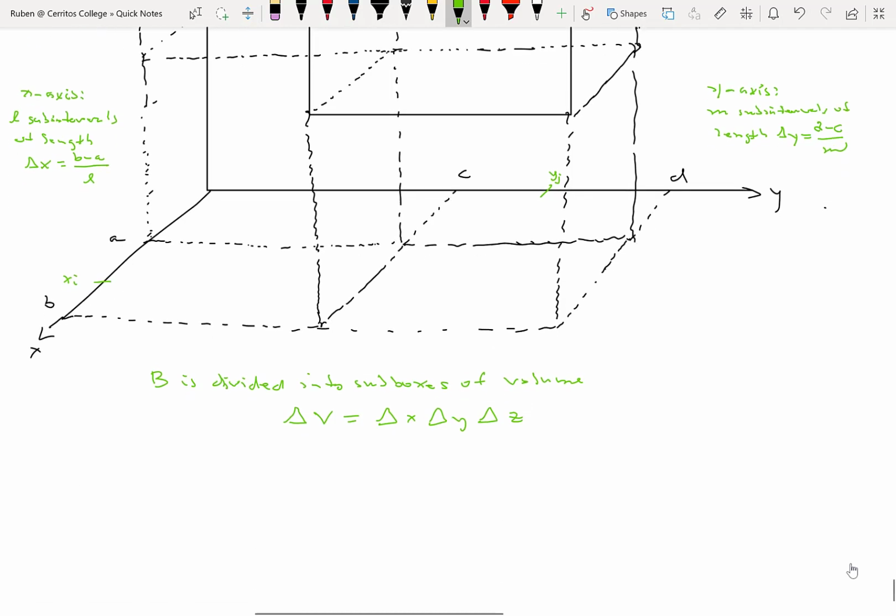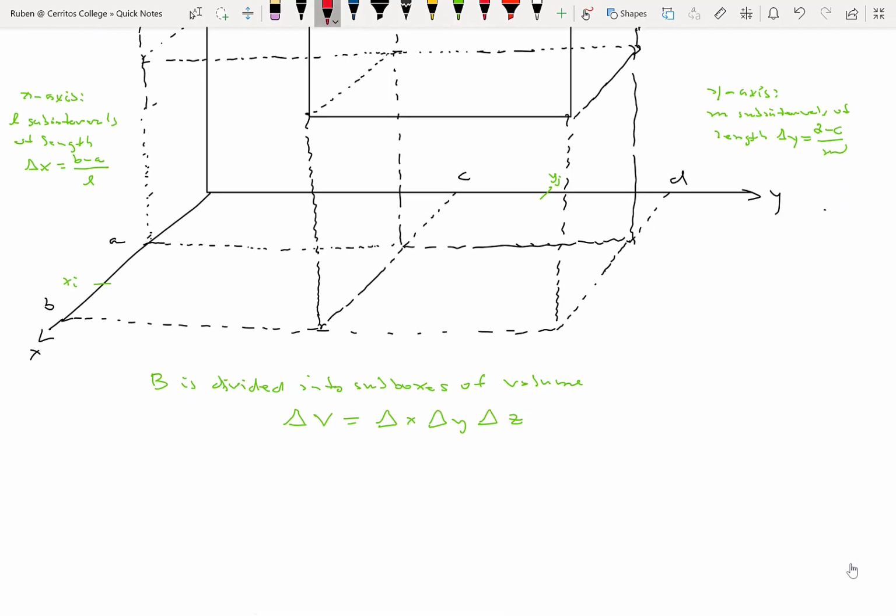Okay, so I want to place a typical sub box, I'm going to write this in red, so that one corner of that sub box is at x sub i, y sub i, z sub i.